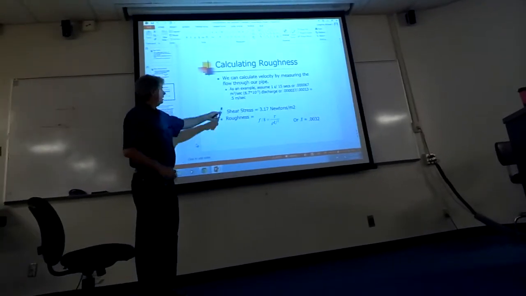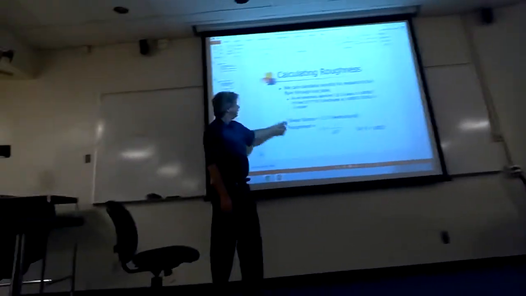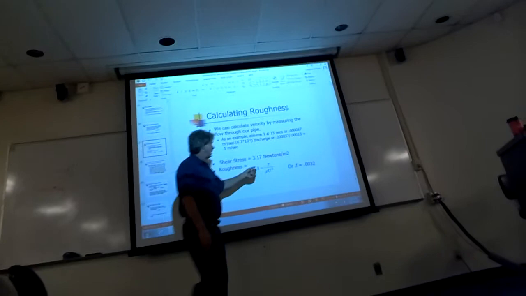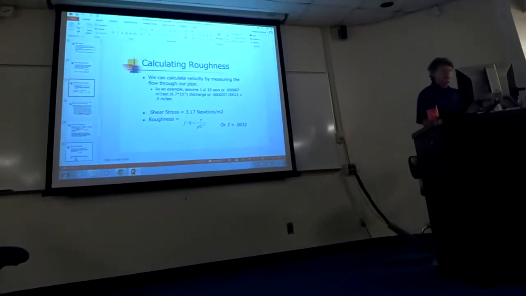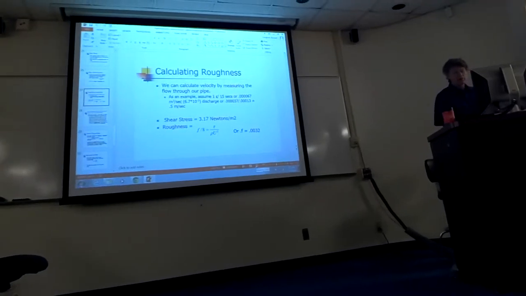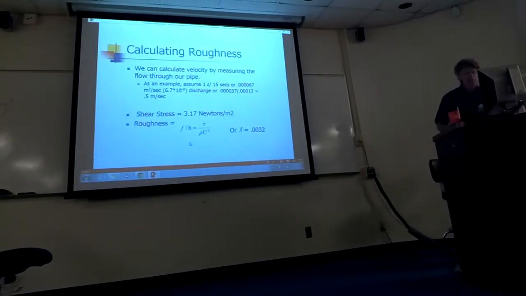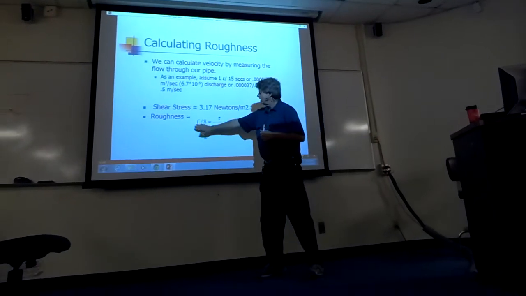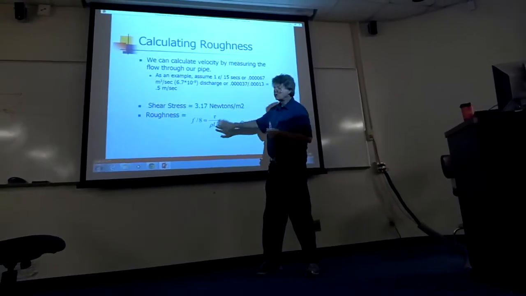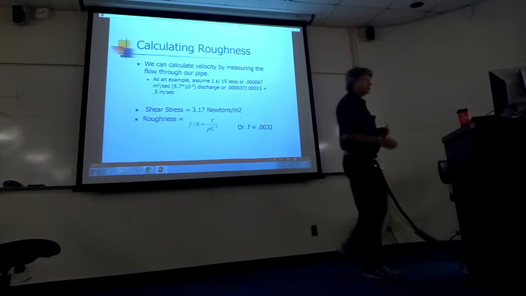And we got here, and we figured out that there's this thing called roughness, that the rougher the channel is, the greater the shear stress, and the greater the velocity, the greater the shear stress.